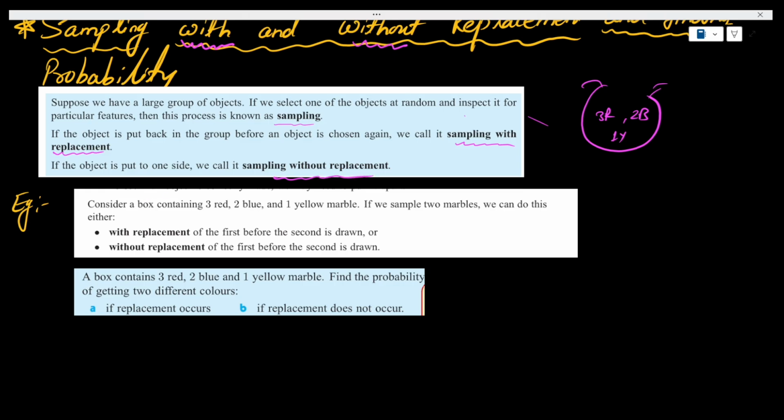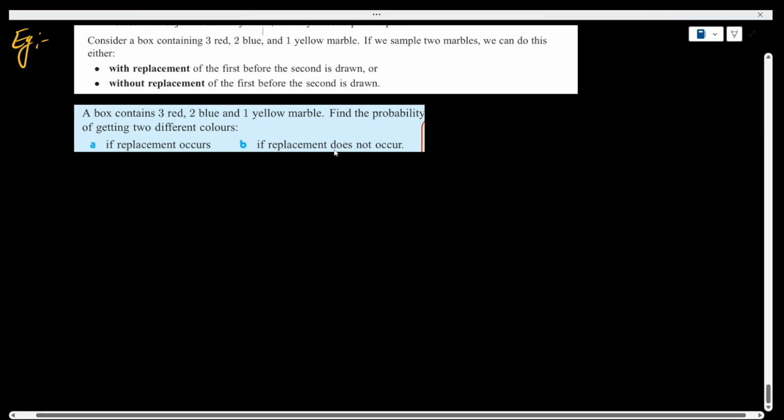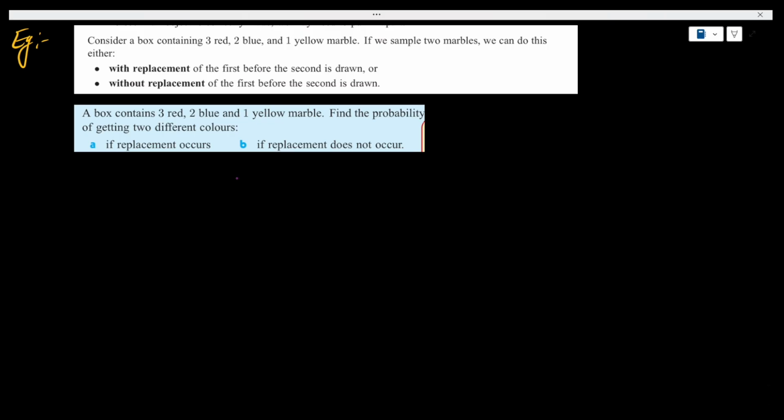Now, first thing you should know is how we draw the tree diagram based on this. We'll draw two tree diagrams. First one is going to be with replacement. With replacement, this becomes an independent event, because the outcome of the first event will not impact the outcome of the second event.